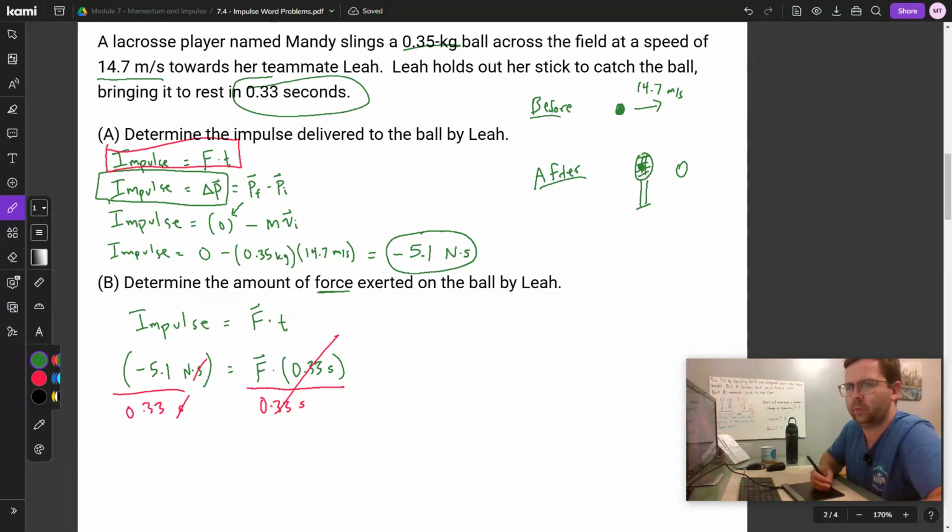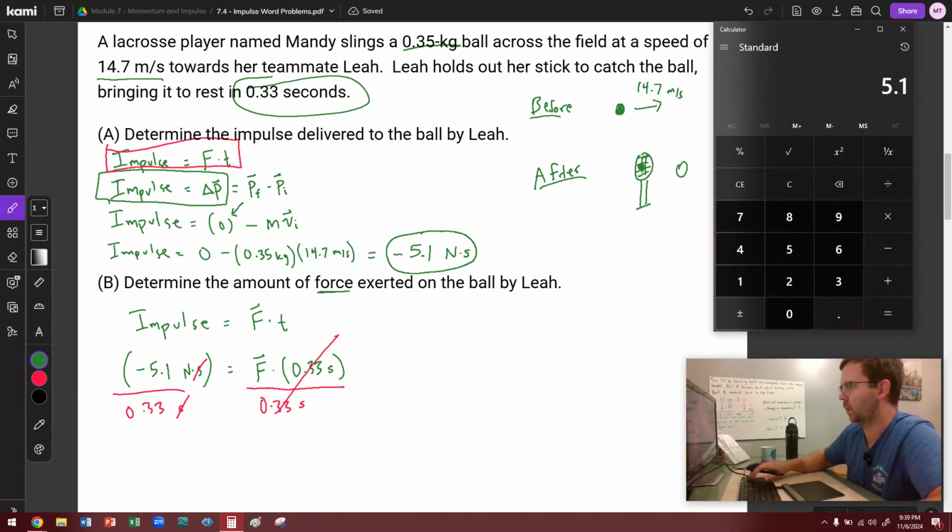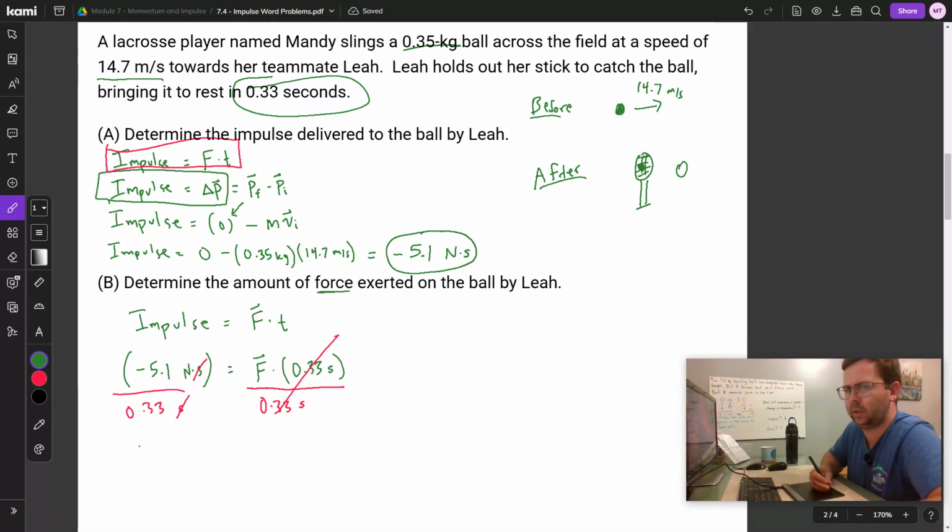So we're left with newtons, and then we'll put this in our calculator, 5.1 divided by 0.33, and we get a big long repeating decimal. We don't need all those digits, we only need 2. So the first 2 digits are 15, and we'll round down. So negative 15 newtons is the force.